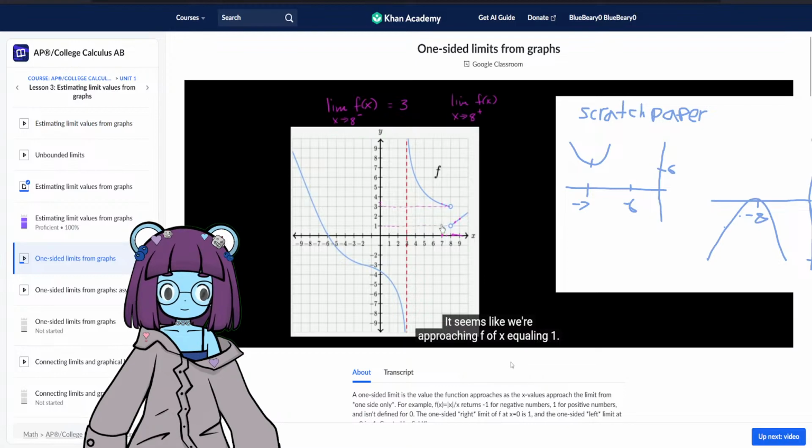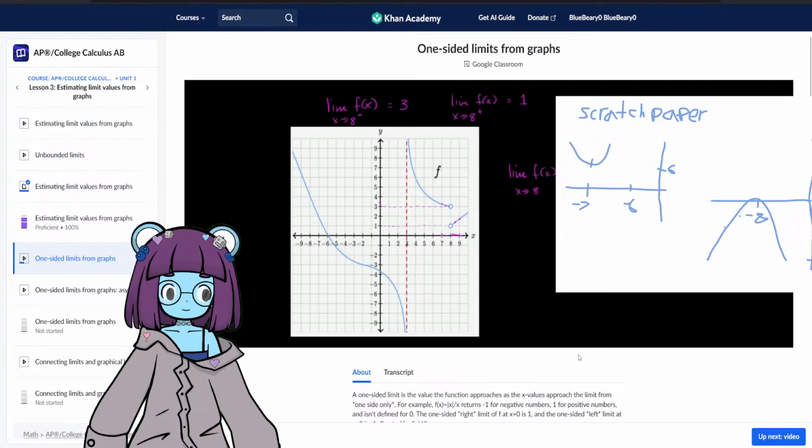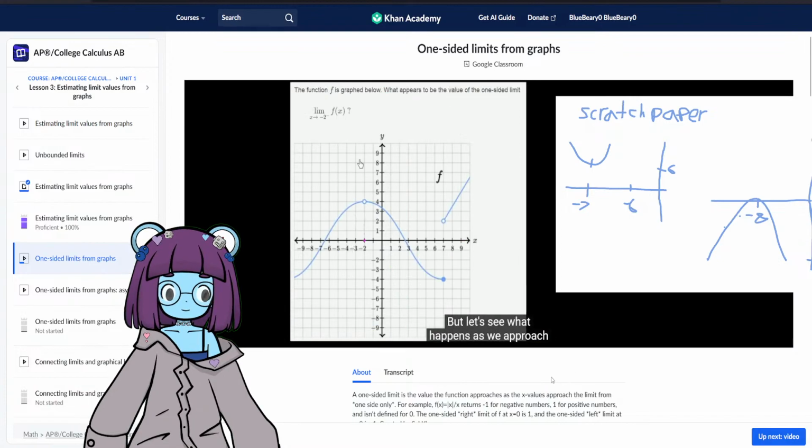Seems like we're approaching f of x equaling 1. Alright, I'm understanding this. The limit of f of x as x approaches 8 does not exist, because from the right and left, they are not the same values. Function f of x graphed, what appears to be the one-sided limit.